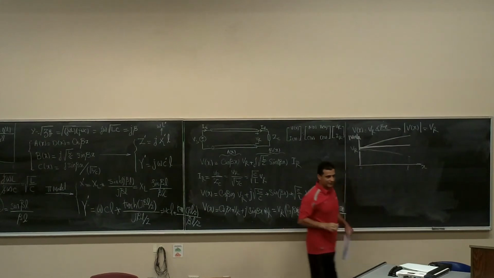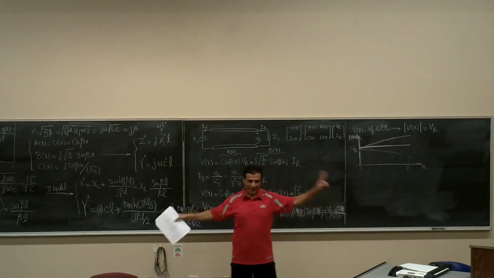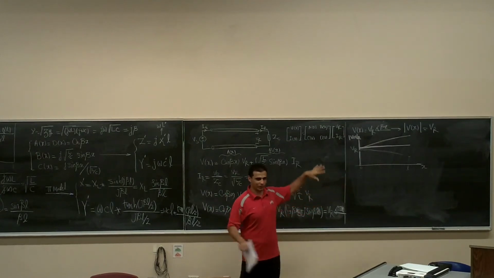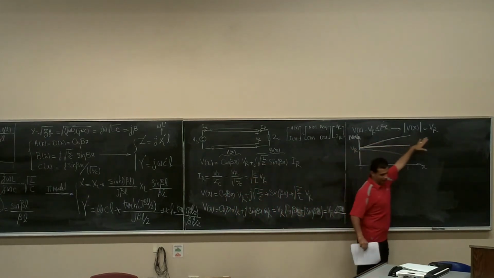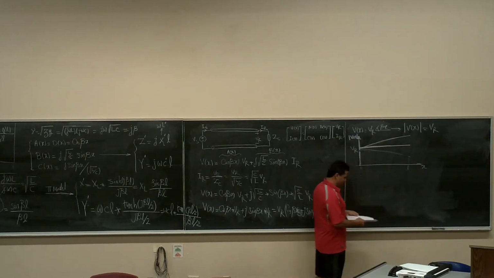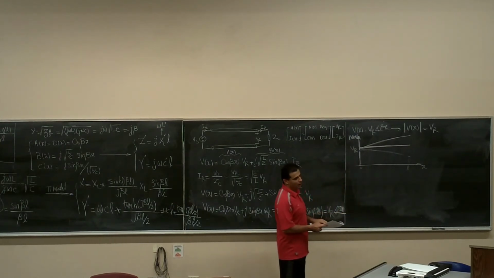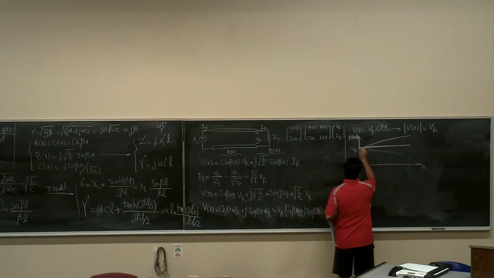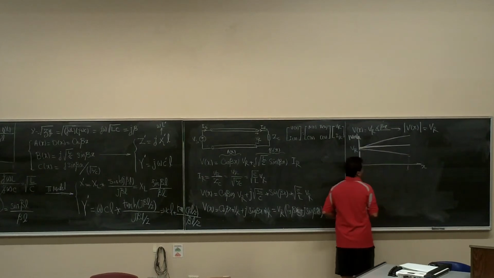VS is more than VR, and there are two cases: leading power factor and lagging power factor. This is for the lagging power factor, it's going to be like this. If it's a leading power factor, it's going to go under, right? Leading and lagging.